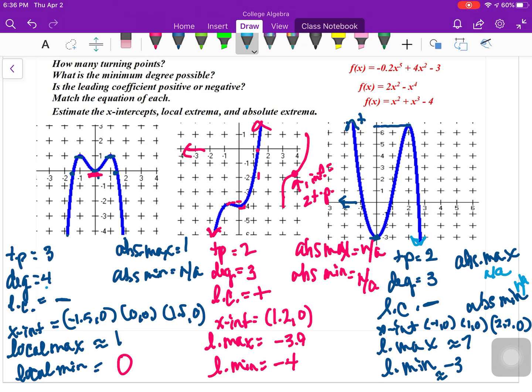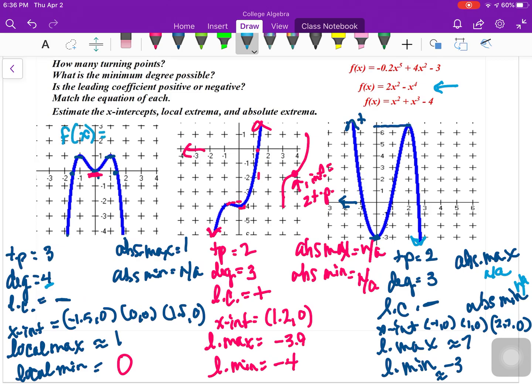All right, so here we said we need at least a 4th degree. So 4th degree at least has to be even powered. So that would be this one.